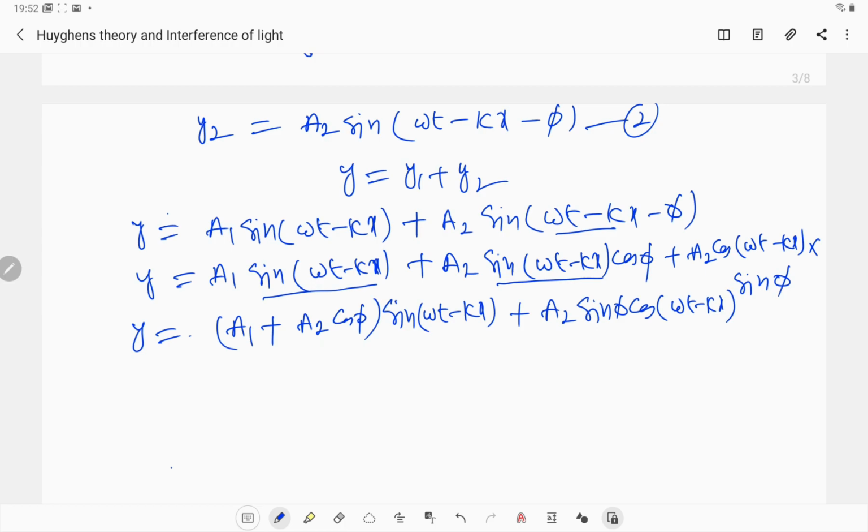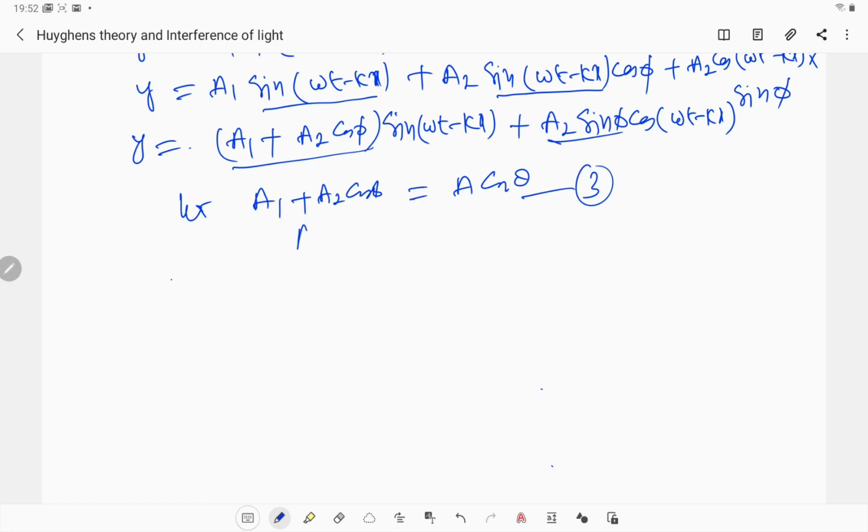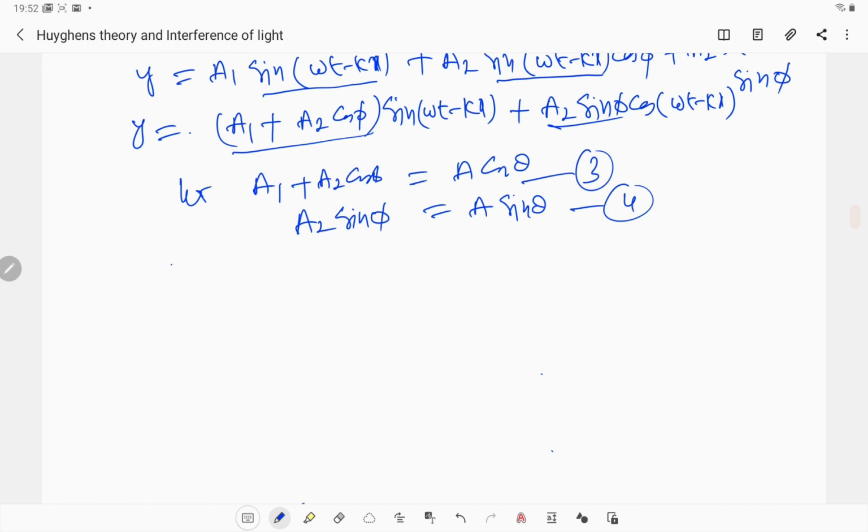From this equation, let a1 plus a2 cos φ be equal to A cos θ, equation number 3. And a2 sin φ is equal to A sin θ, equation number 4.